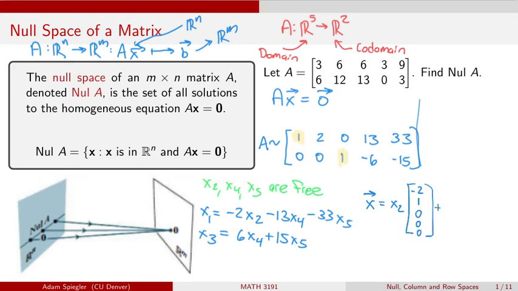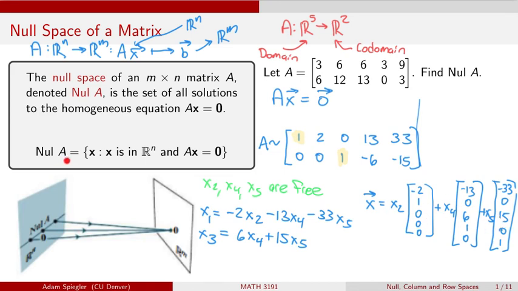Then the next free variable is x4, and that appears in x1, and in x3. Here's the position for x4, and then we have a 0. And lastly, we have x5 times minus 33, 0, 15, 0, and 1. So here I've just written out the homogeneous solution set in its vector form.